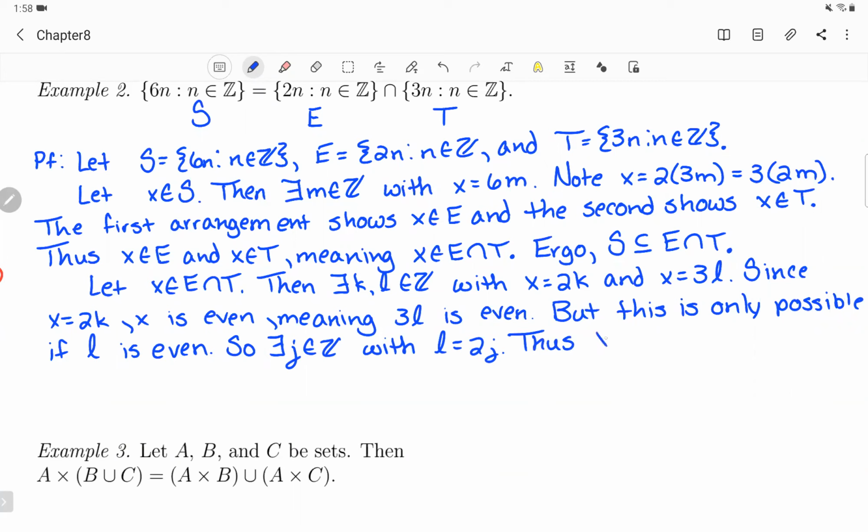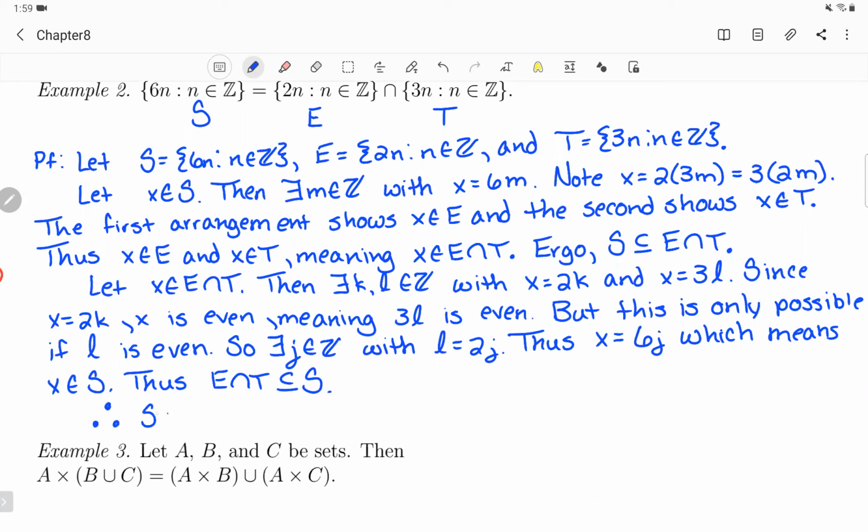Thus, x equals 6j, which means x is an element of S. Thus, E intersect T is a subset of S. Therefore, S equals E intersect T. Done.